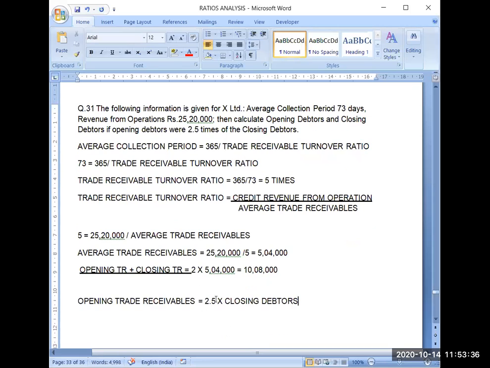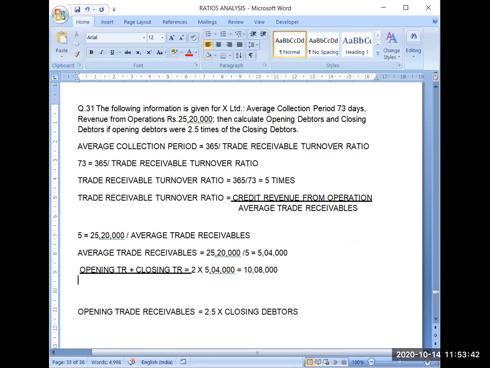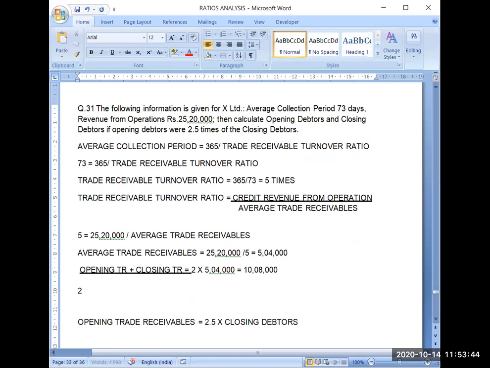Now I got the value of opening trade receivables. It is 2.5 closing debtors. So in this equation, instead of writing opening debtors, I will write 2.5 closing debtors or closing trade receivables. I should write similar words, otherwise it will confuse.